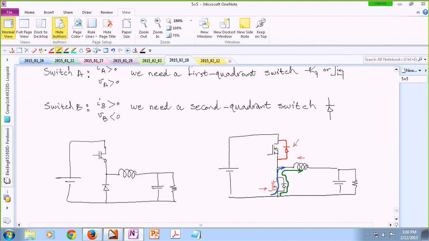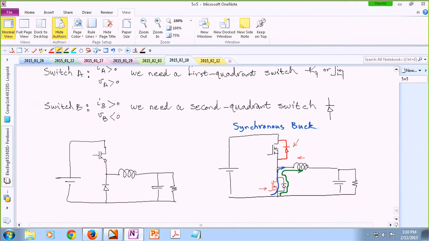Now, this technique is called synchronous rectification, and this particular topology is called synchronous buck. As it turns out, in terms of losses in the system, it makes more sense to turn the MOSFET on rather than the diode.